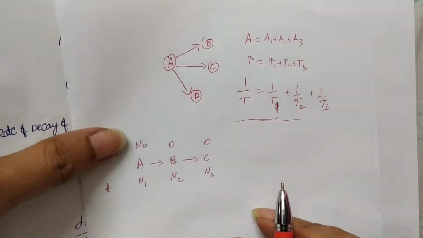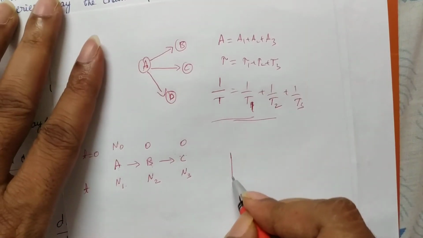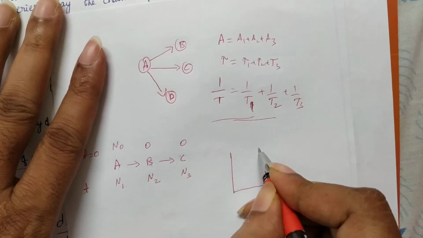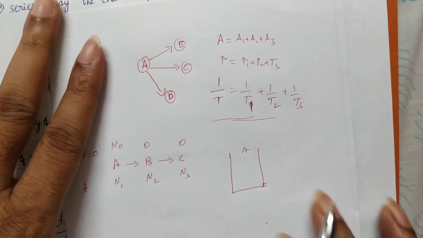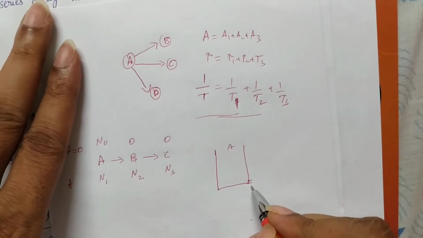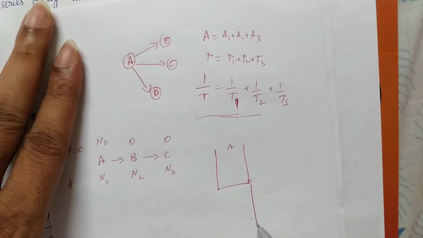Let us see an example. For example, you can take a vessel with a small hole at the bottom. That is vessel A, that is the type of material.